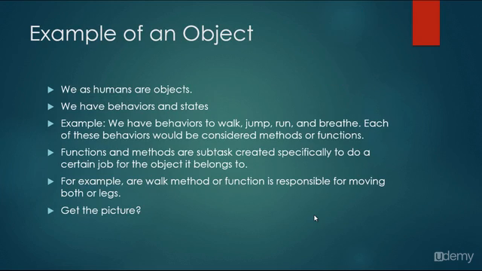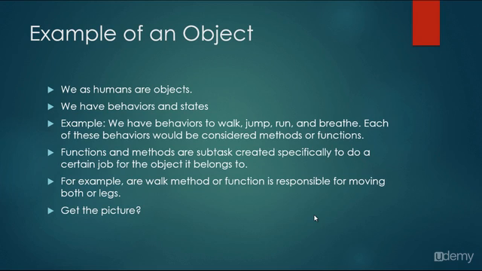So a good example of an object that I like to use, and the basic way I actually understood it, that broke it down for me and I really understood it, was I like to think of us as humans, as human beings, right? We all are objects. We as human beings are objects, and we have behaviors and we have states. So, if you're thinking correctly, you're probably thinking, well, yeah, we can walk, we can run, we can jump.